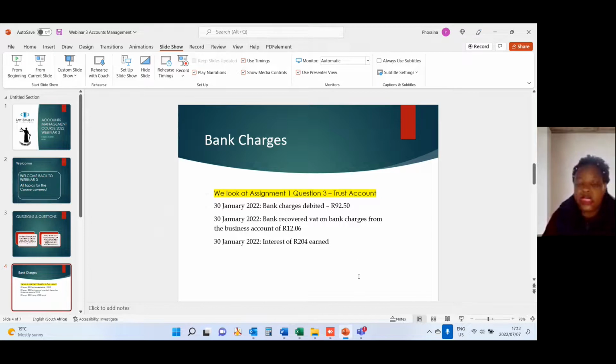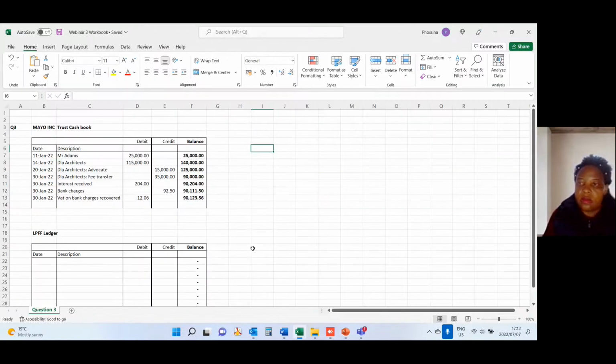Okay, so what I'll do is that I'll move and share my screen. Hopefully you'll be able to see. I'm going to try to share both the Excel working as well as our question. Okay, so I'll click on the Excel and hopefully you can see my current screen.